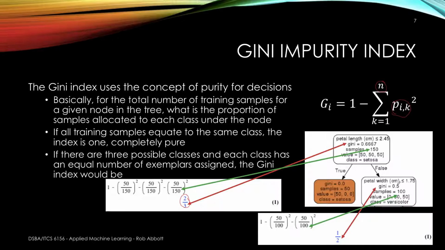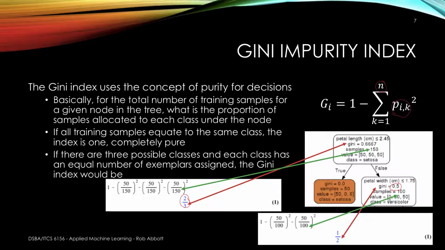In my remaining class over here for petal width less than or equal to 1.75, I end up with a split of 100 samples, 50 in each class at this node. So 1 minus 50 over 100 squared minus 50 over 100 squared is 1/2 or 50%. So that matches my Gini impurity for this node.